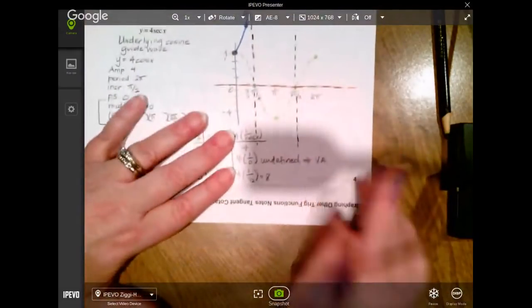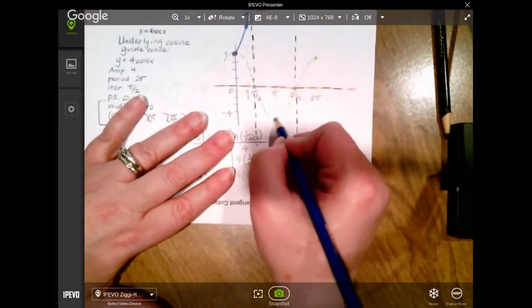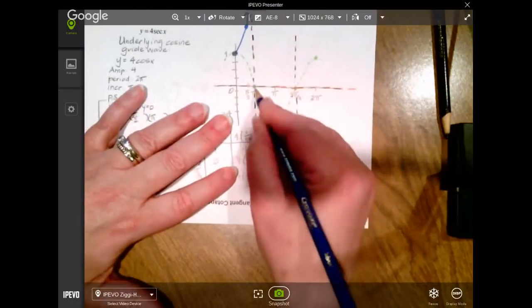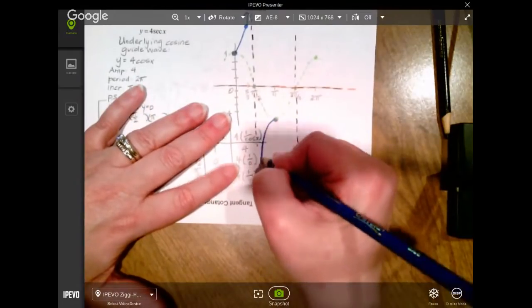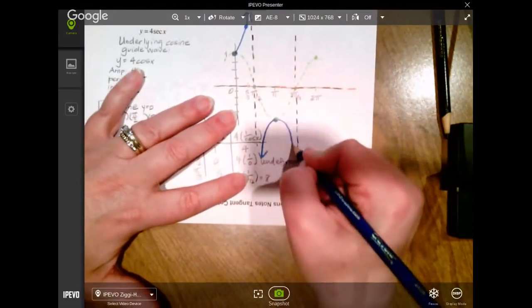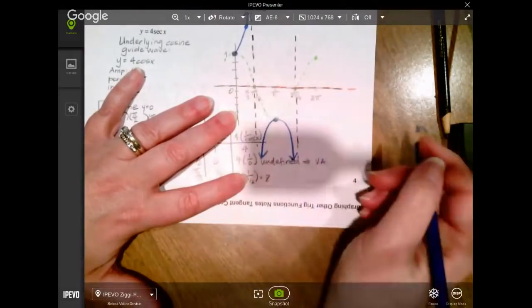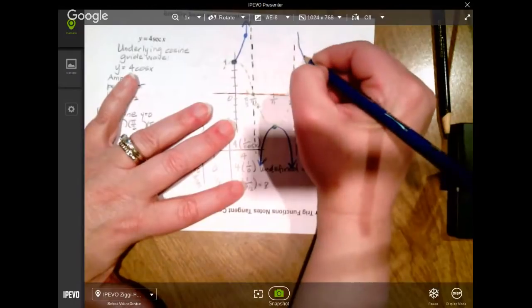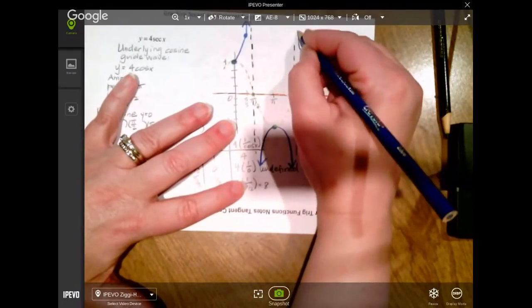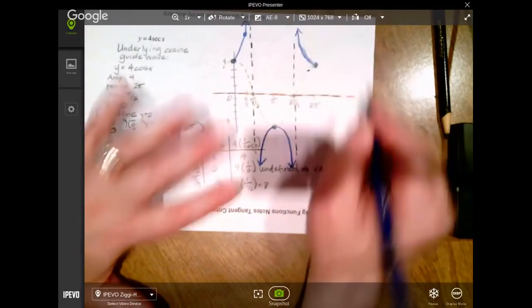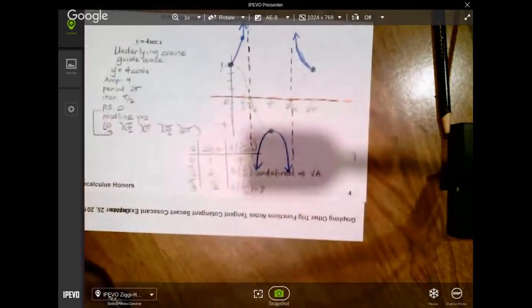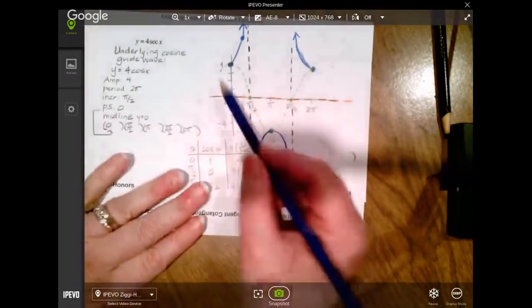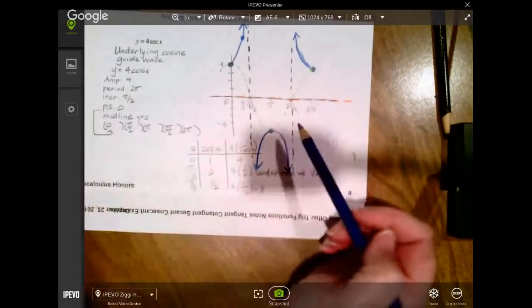And similarly, down here, we're going to share this point right here, and then we're going to take this curve and flip it upside down. Okay? And so that blue curve is the secant curve. And you see how the underlying cosine got us there.